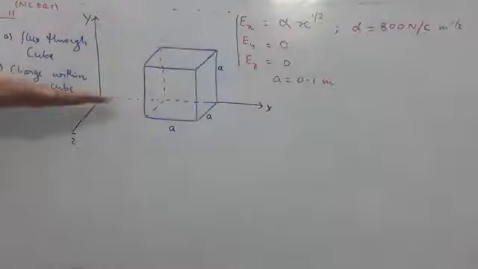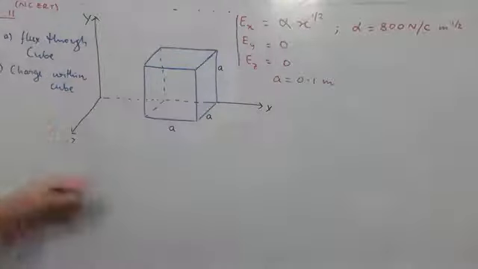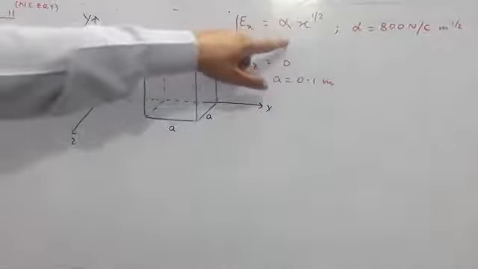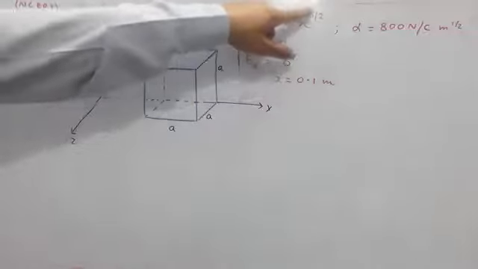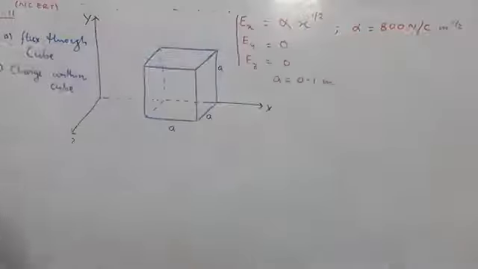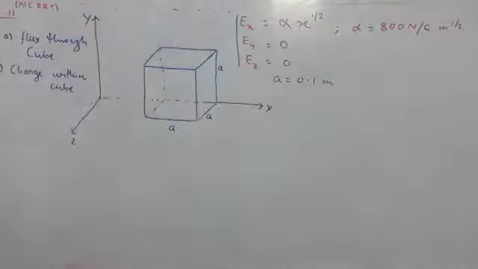So it is given it is directed in this particular direction, that is along x-axis, and its value is not constant. Its value changes with x like so. So Ex is equal to alpha times x to the power half, where alpha is some constant whose value in SI system is given in the question, and this cube's edge is also given to have a value of 0.1 meters.